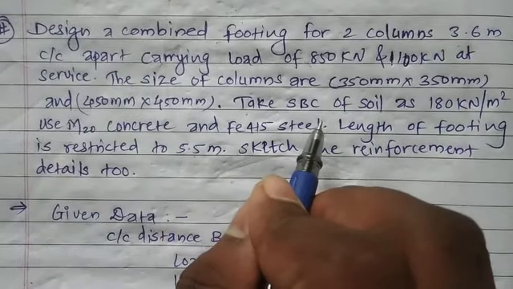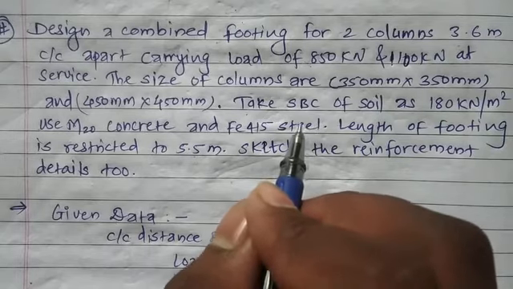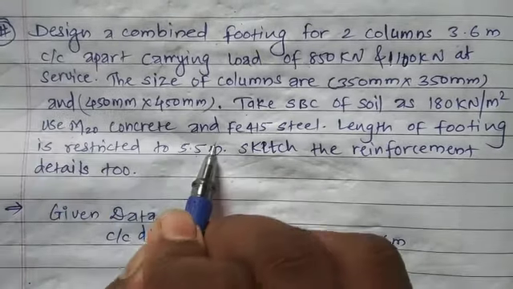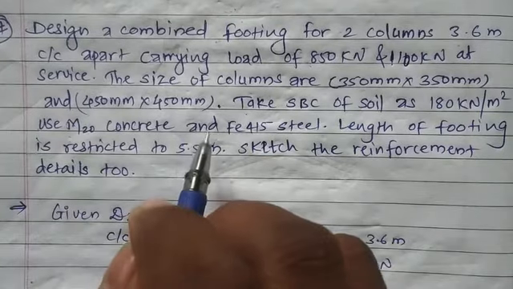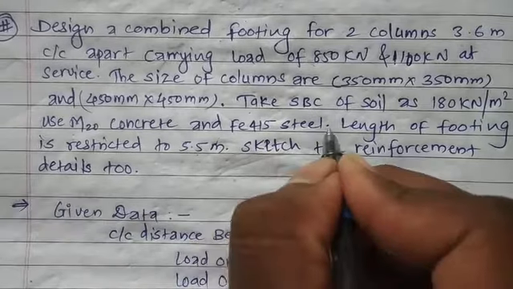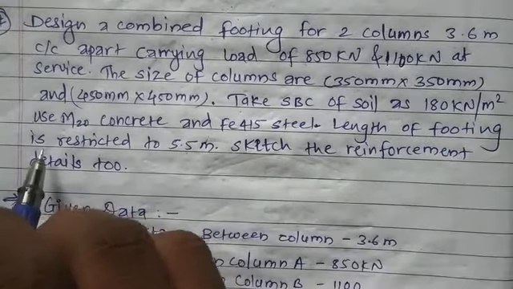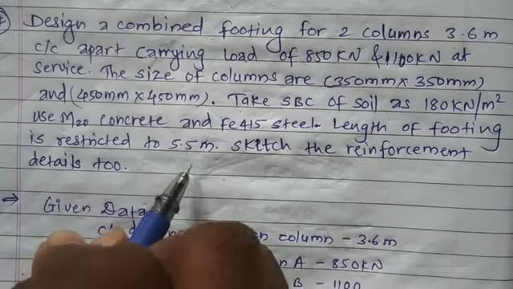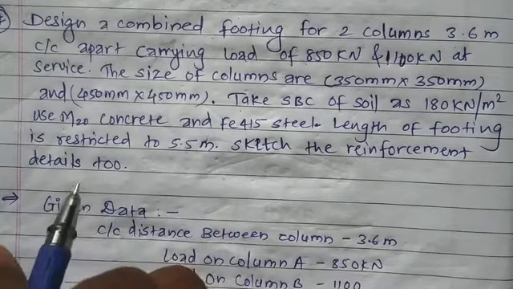Take SBC of soil as 180 kilonewton per meter square. Use M20 grade of concrete and Fe415 grade of steel. The condition given for this numerical is that the length of footing is restricted to 5.5 meter. Sketch the reinforcement details too.